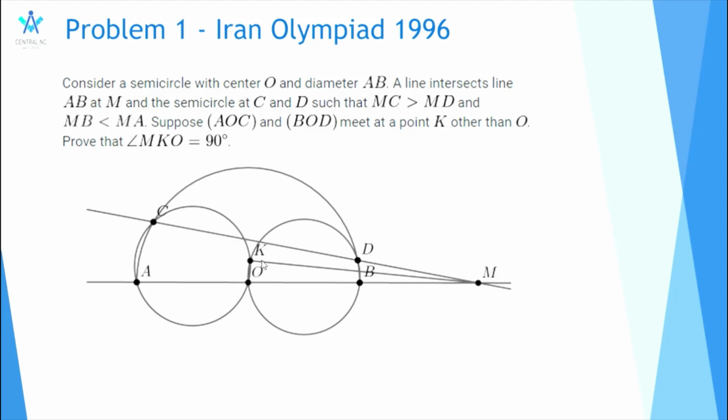We could show that M and the centers are collinear, but that actually is not true. If M and the centers were collinear, it would be perpendicular to the midpoint of OK, not actually K. So that might not work so well, although it was nice to think about it.